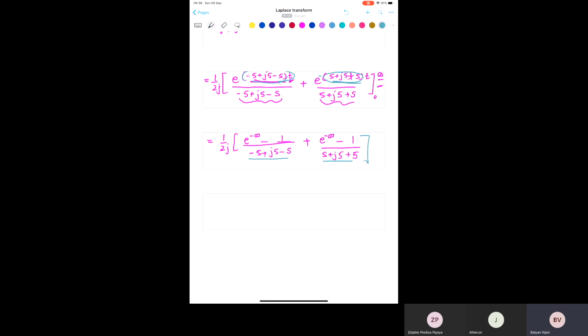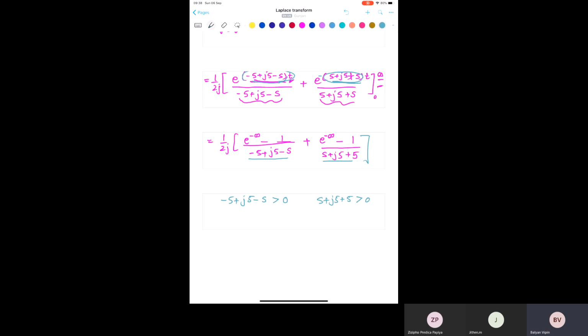So you can say minus 5 plus j5 minus s should be greater than 0, and s plus j5 plus 5 should be greater than 0.